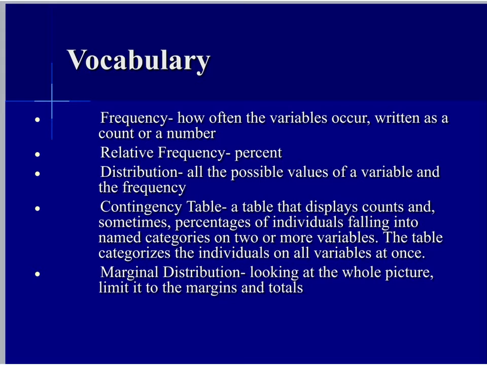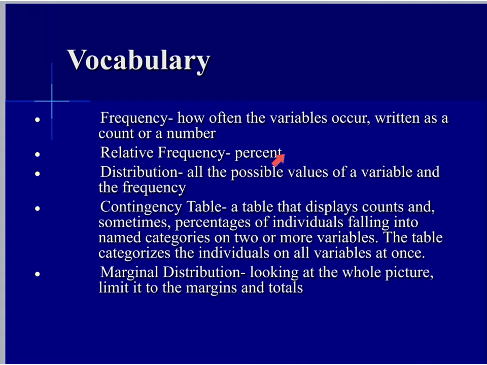So when we talk about describing and displaying categorical data, frequency is important, how often the variable occurs. We're going to look at the frequency first of social media use, and we'll create a frequency table. Now when they ask you for a relative frequency, they are asking for the percent.